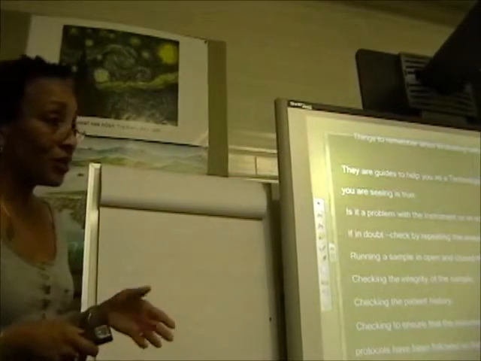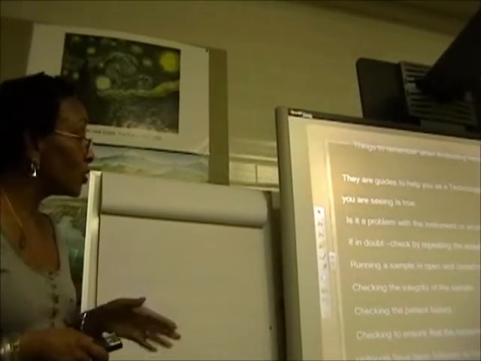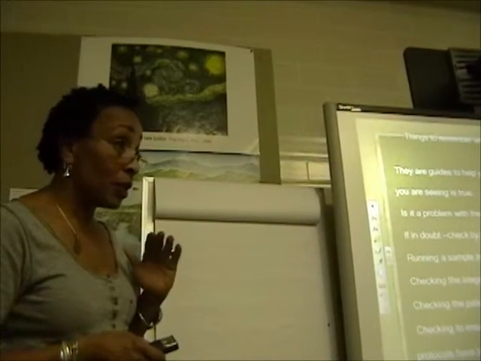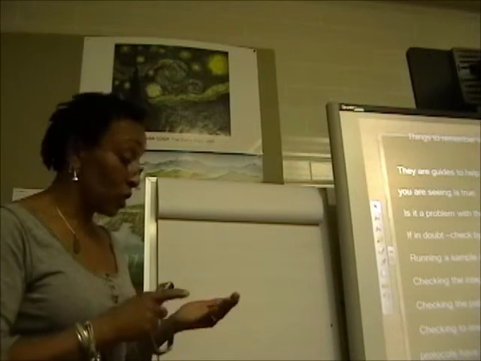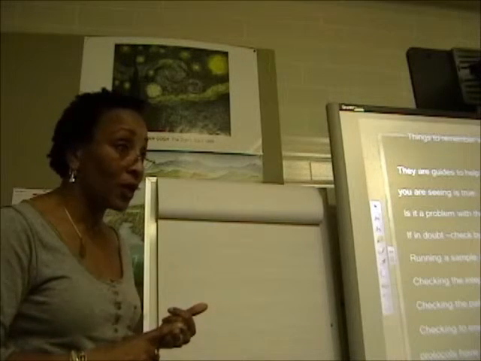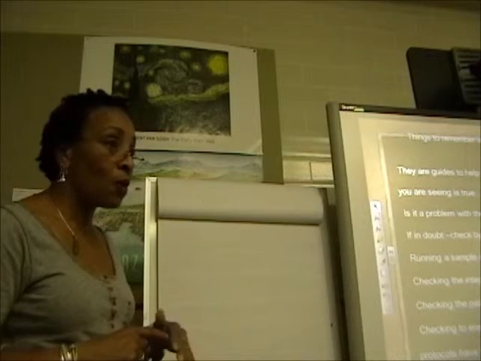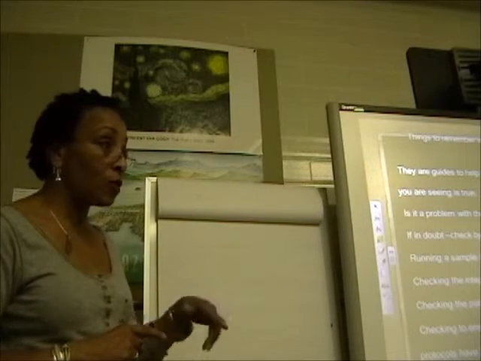So you're going to check and double check. You're going to check patient history. You're going to check the integrity of the sample. You're going to check the instrument to make sure the daily maintenance and the QC has been run, to make sure that the QC isn't trending up high or trending low, because that's going to affect your counts.